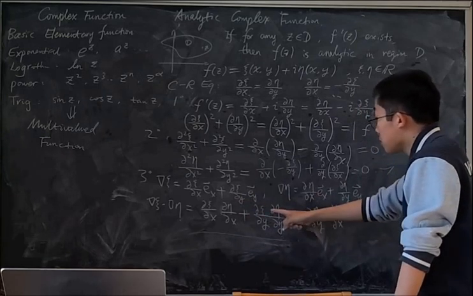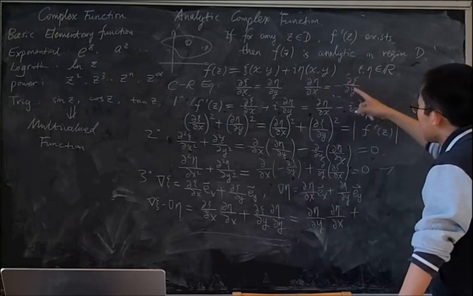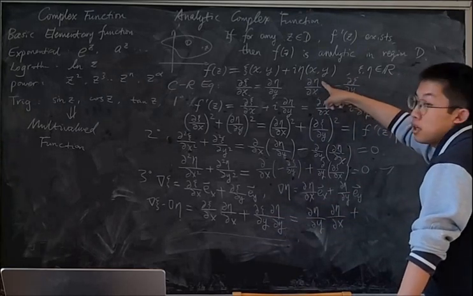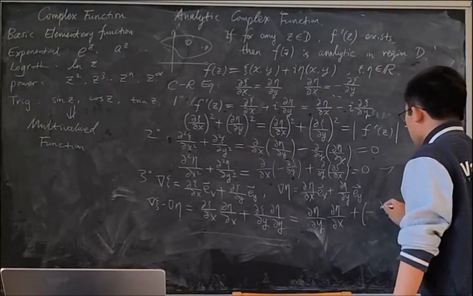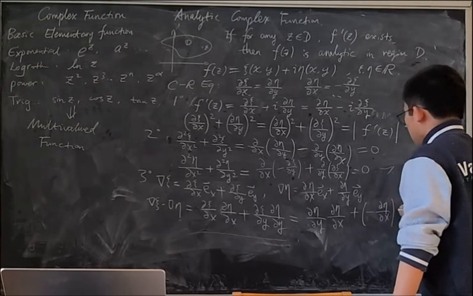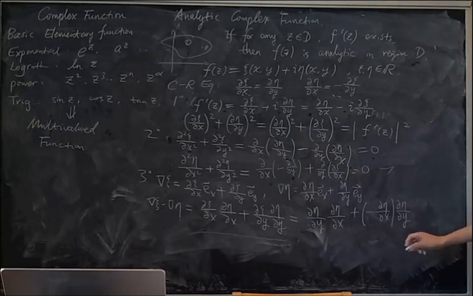Plus, this partial cosine over partial y is negative of partial eta over partial x, then partial eta over partial y. And obviously these two terms cancel and we get 0.